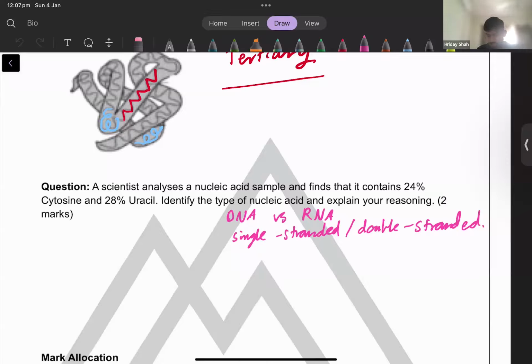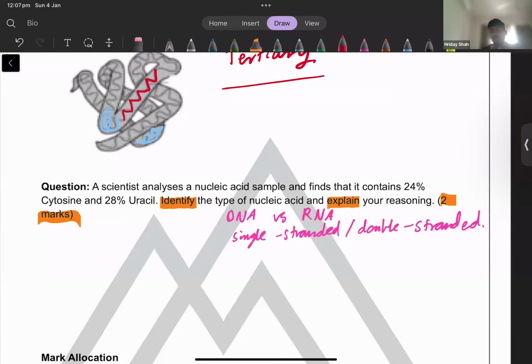Okay, so let's go through the question. The first thing to always look at as soon as you get a question is the number of marks, and then the keyword or the command term. The command term here is identify, and we also have a second one called explain.